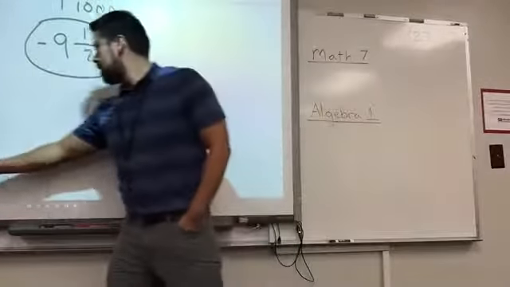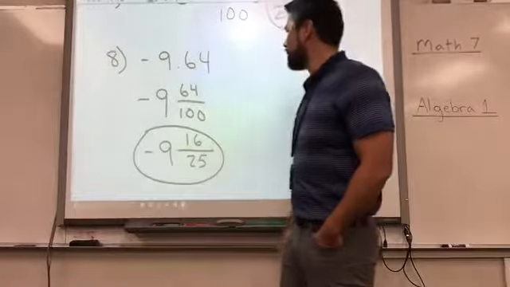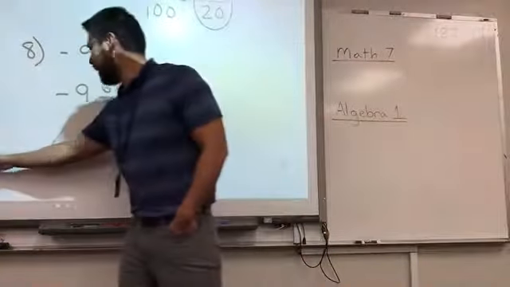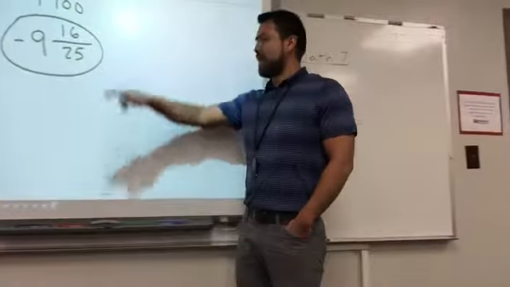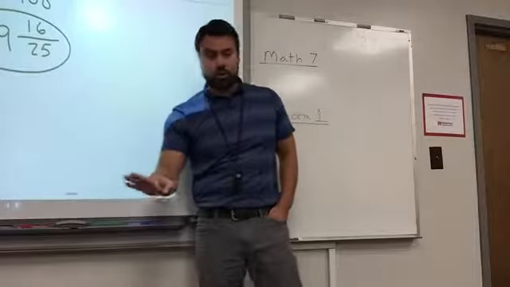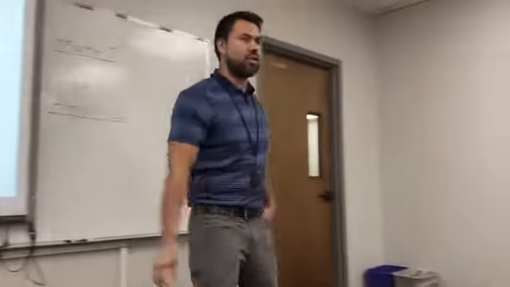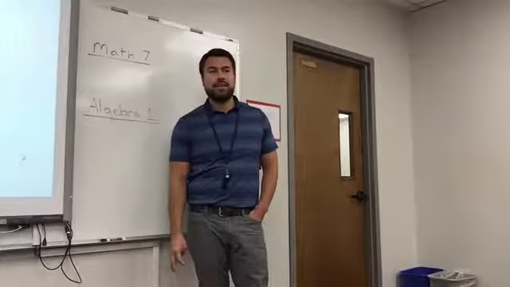Okay. The problem on number 8 was change negative 9.64 into a fraction or mixed number. Okay. Is negative 9 and 16/25 equal to negative 9.64? Yes. Sure about that? Yes, it is.